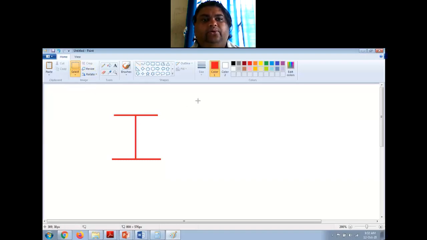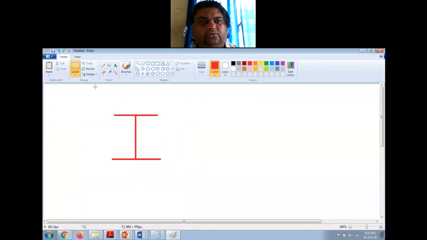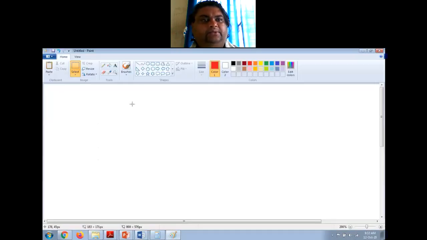Now when you rotate this by 90 degrees, you will get an H section, right? So what he has said is the height is 120, width is 120, so it is a square, and thickness is 20 millimeters.